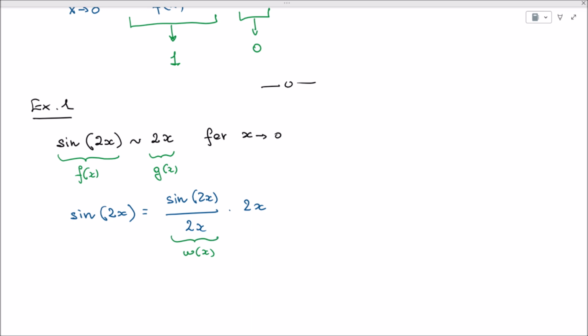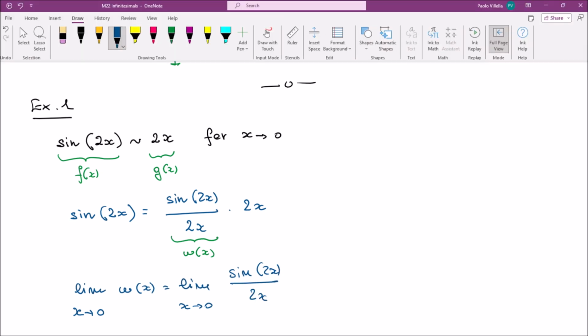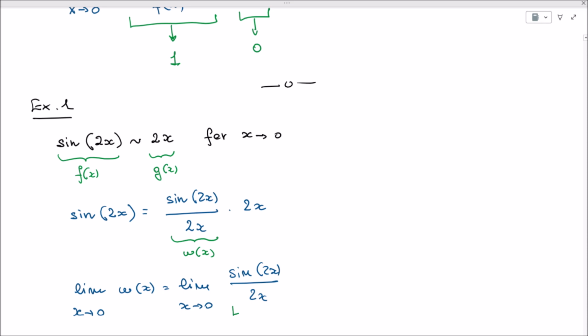We need to prove now that omega of x tends to 1, but that's easy because the limit as x goes to 0 of omega of x is the limit as x goes to 0 of sine of 2x divided by 2x, and by a simple change of variable y equal to 2x, clearly we see that this is equal to 1.